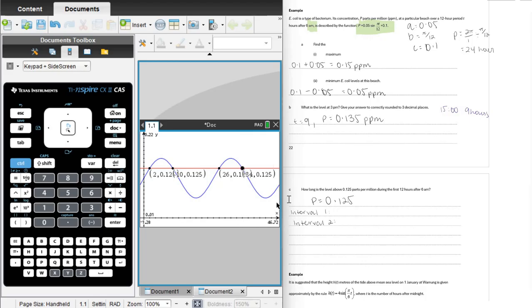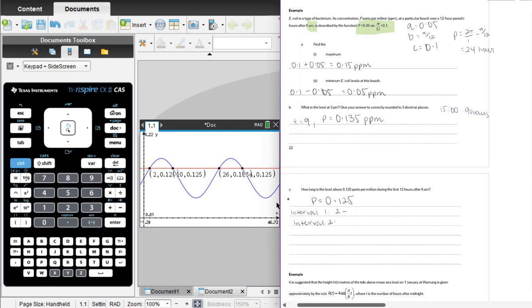Okay, so here's all my coordinates. My first interval is from 2 to 8, and then my second interval is from 26 to 34. So they're both 8 hours. So the level is above 0.125 for 16 hours because we've got that interval there.